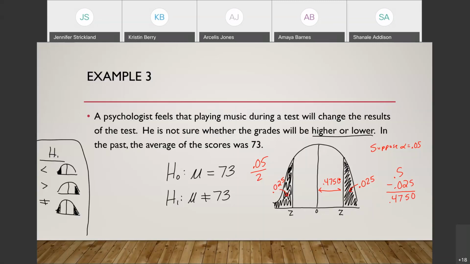And then we go to the table and we look up 4750. I think that one is actually in there. It corresponds to a z-score of what? 1.96. And it'll be the same on both sides, but we'll have one that's negative and one that's positive.